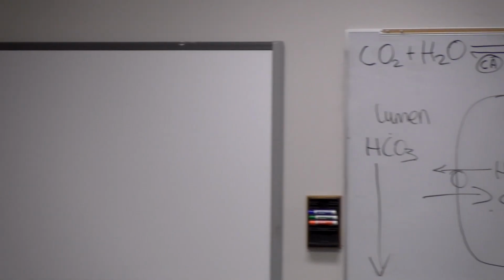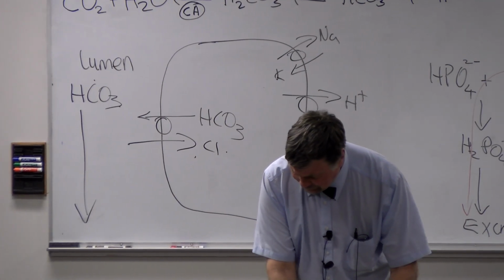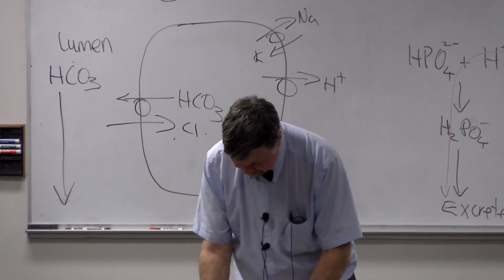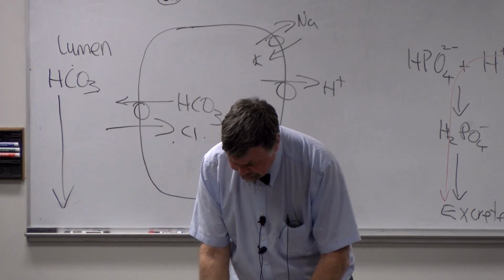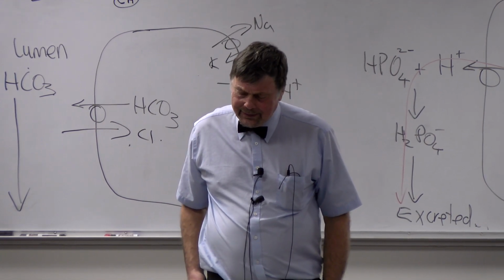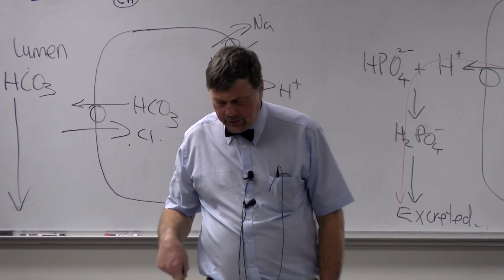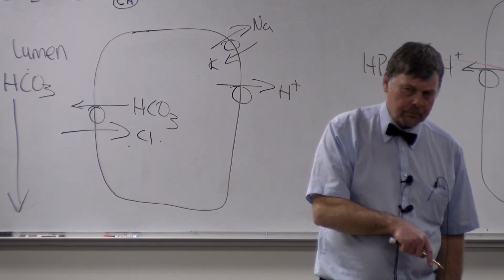So we need another system that helps us to get rid of acid. And it's there on page 7. And as you can see, it's just a little bit more involved. So I think what I'll do is, in this case, the title says acid excretion is the same as adding new bicarbonate to plasma, which is what we said before.